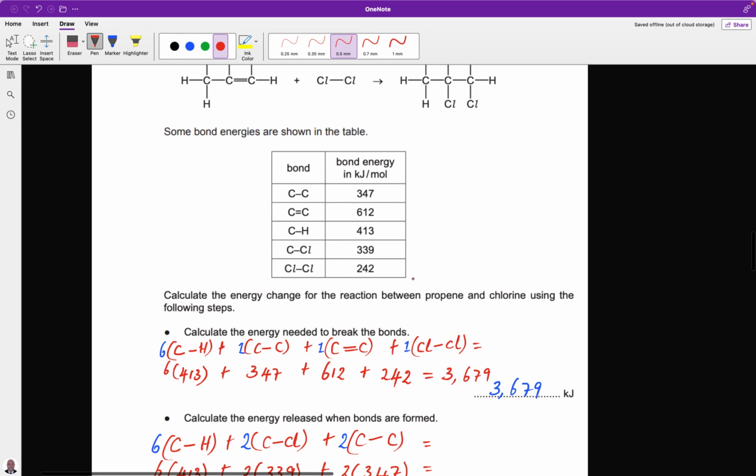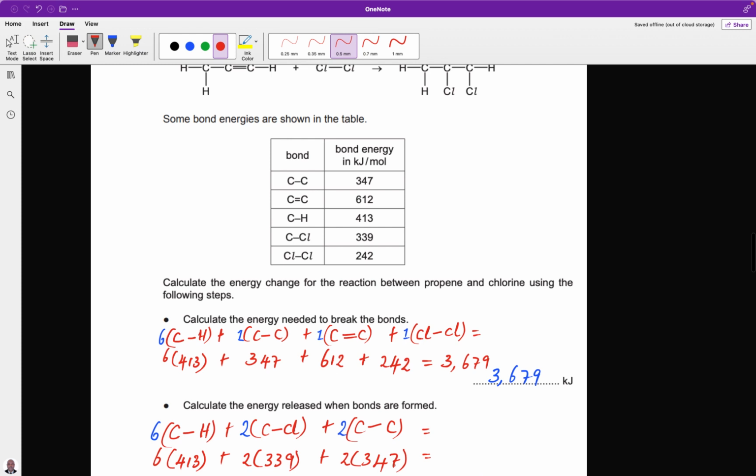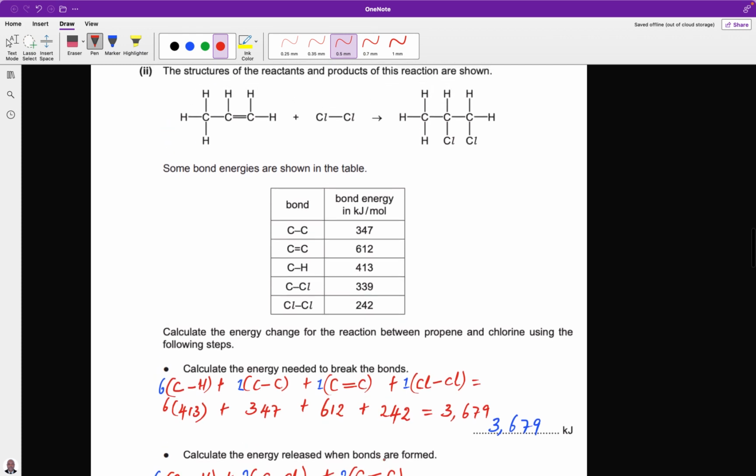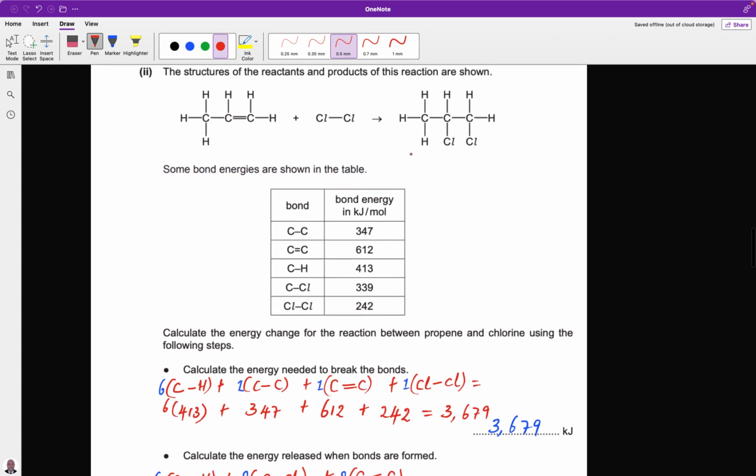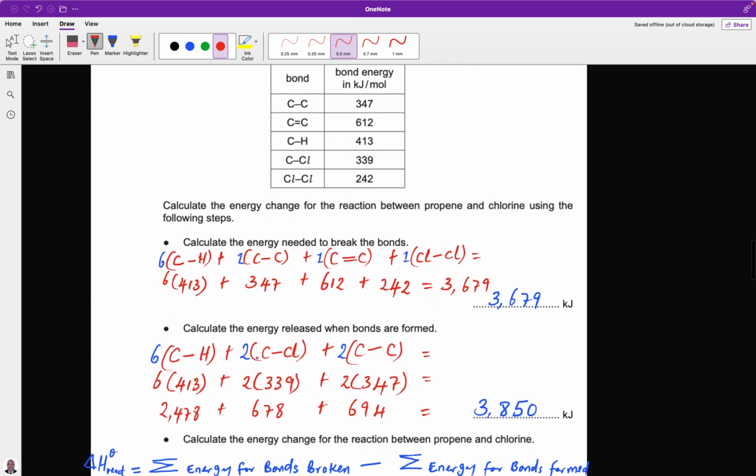Now the carbon-chlorine bond: in the product we have carbon-chlorine, which is 1, carbon-chlorine, which is 2. So there are 2 of them. Now we substitute the values: 6 times 413 plus 2 times 339 plus 2 times 347. When we add all these values, we will have 3,850 kilojoules.